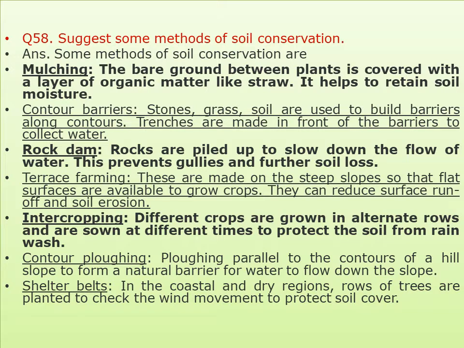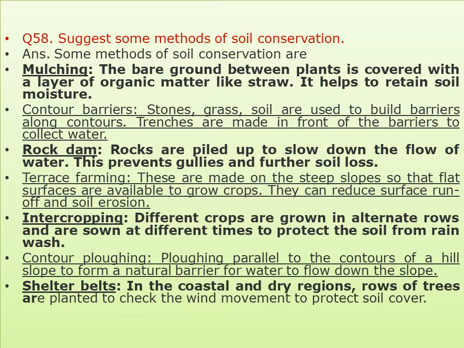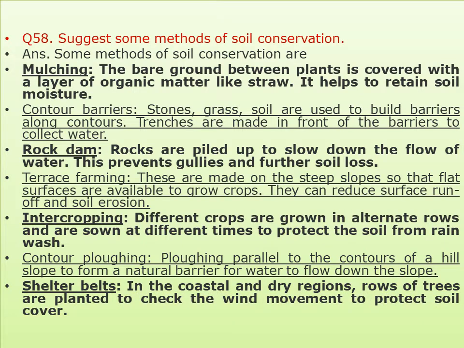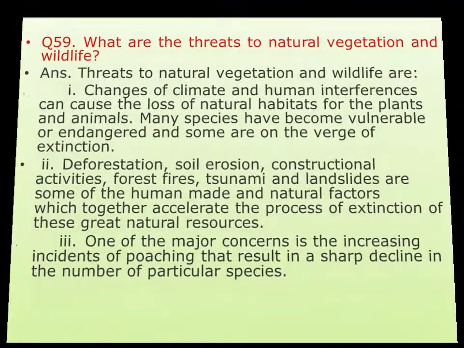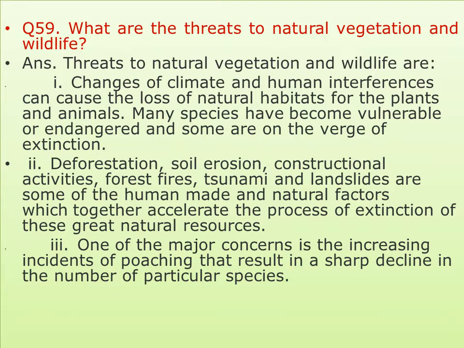Number seven, contour ploughing is ploughing parallel to the contour of a hill slope to form a natural barrier for water to flow down the slope. Number eight, shelter belt. In the coastal and dry regions, rows of trees are planted to check the wind movement to protect the soil cover.